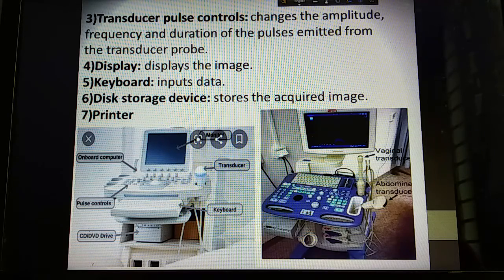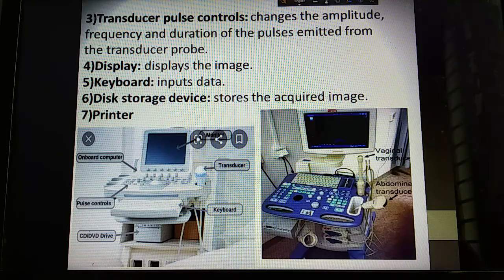The disk storage device stores the accurate image. The image captured by the machine is stored by the disk storage device. And finally the printer prints out the report for our diagnosis. So these are the basic parts of an ultrasonogram machine.